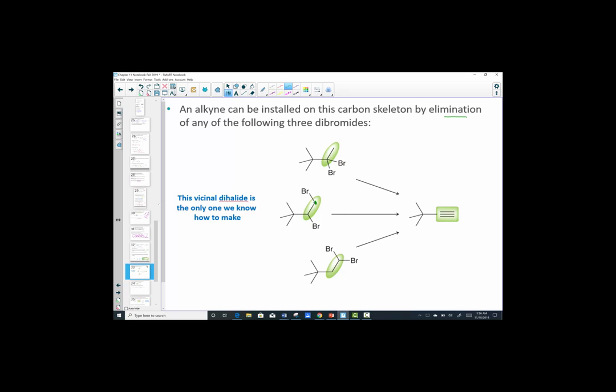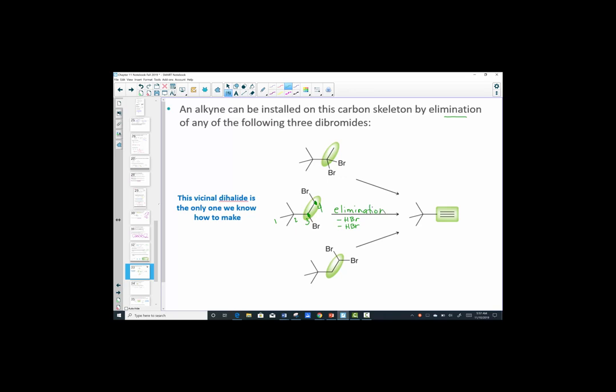So here's carbon 3 and 4, just to remind ourselves what the molecule is that we're working with. To create a triple bond in a two-step process, we need to eliminate HBr. That would get us to an alkene. And in the next step, we eliminate the second HBr, and we end up with an alkyne. So we're looking to eliminate.